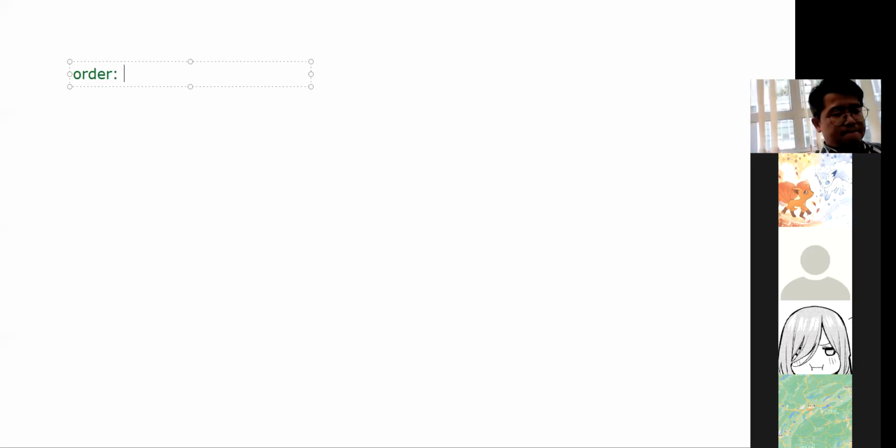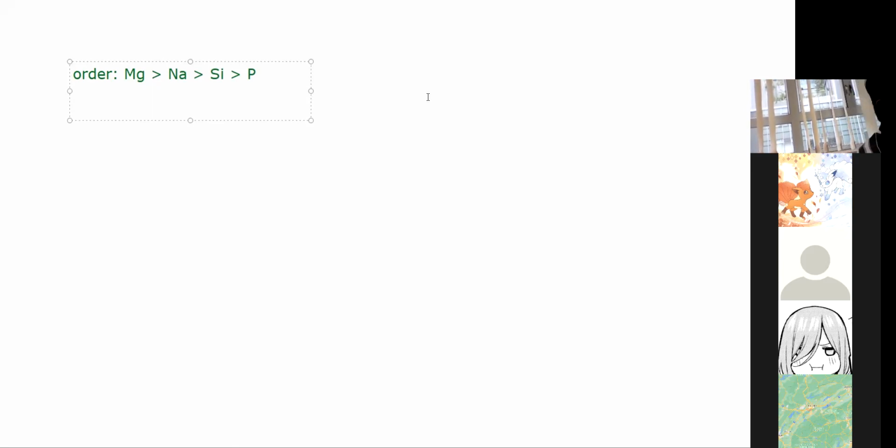Magnesium first, then sodium, then silicon, and finally phosphorus. Yeah. Reasons. So in order to answer that, you may need to tell the difference in bonding and structure separately, and then do it as a start to compare.